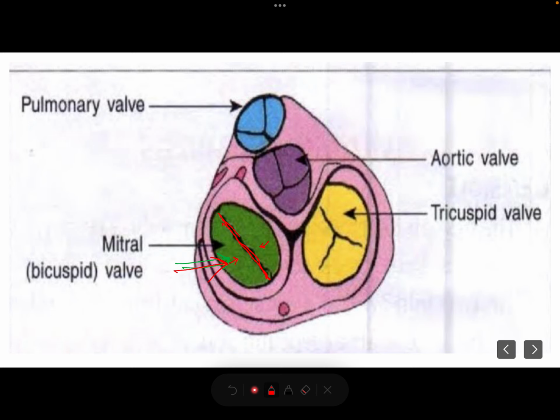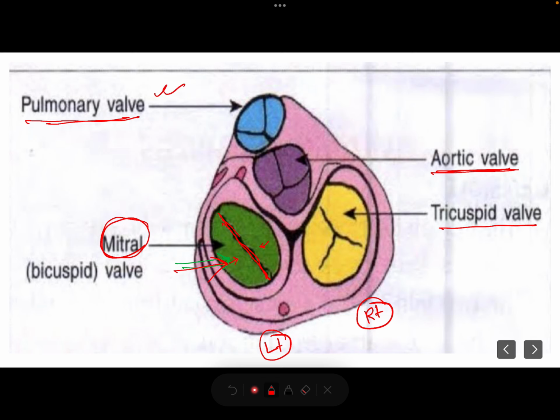The only bicuspid valve is the mitral valve, which is present between the left ventricle and left atrium. This is left, this is right. Tricuspid valve, this is aortic valve, and that is pulmonary valve.